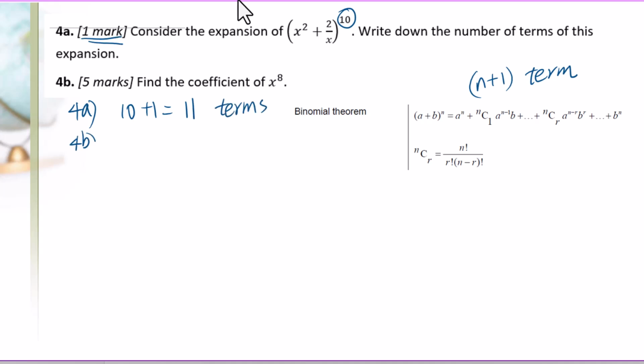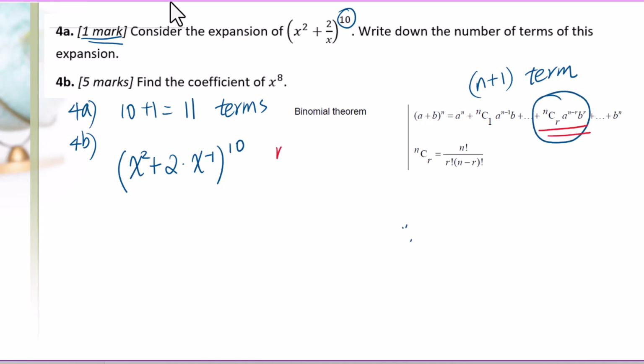For part b, find the coefficient of x to the eighth power. (x squared plus 2 times x to the negative first power) to the power of 10. The general term is this, n equals 10.